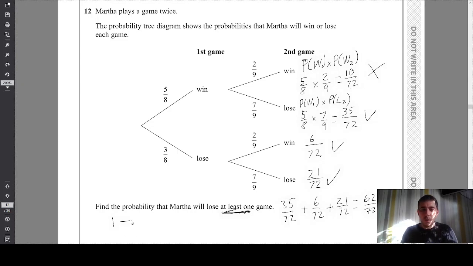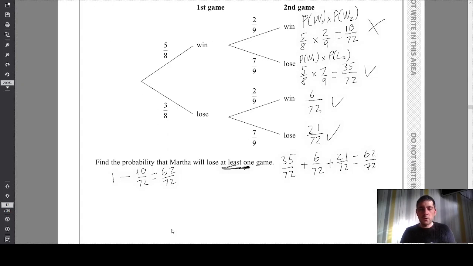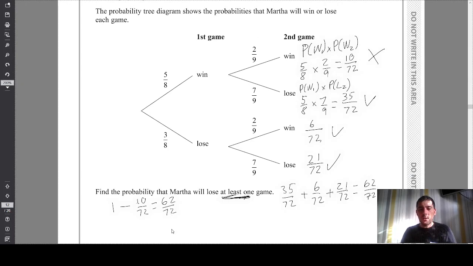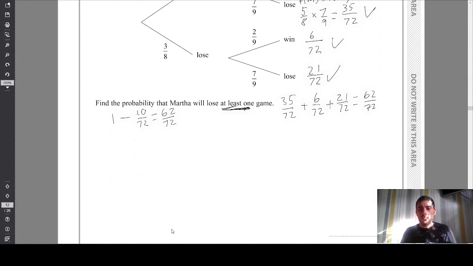So 1, take away the probability of winning both, so take away 10 out of 72. That would also bring us to the same answer. And in those questions, if you're not asked to simplify, just leave it as an unsimplified fraction.